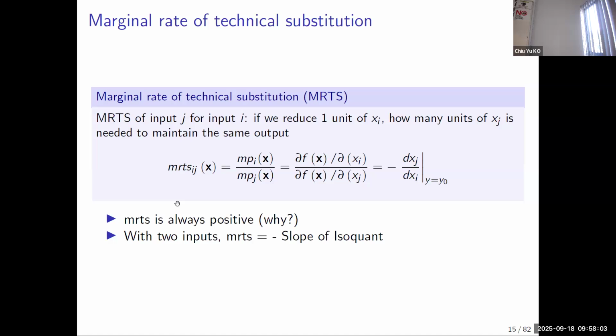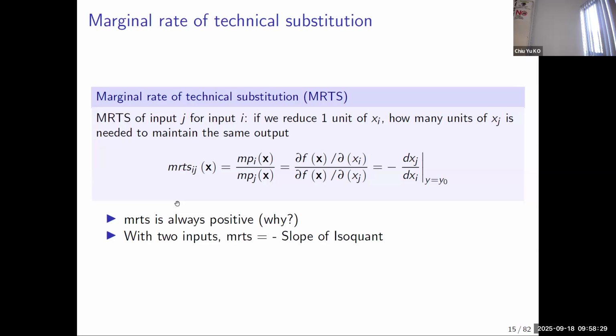So we focus on the case where, suppose, I reduce, I take away 1 unit of input i, and I would reduce some output. The question is, looking at the isoquant here, suppose I take away 1 unit of i, how many j do I need to add to make sure my output remains the same?